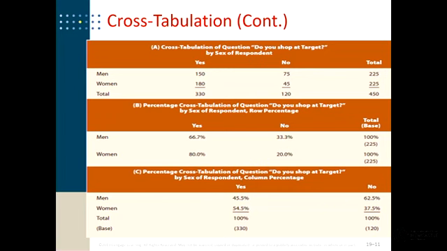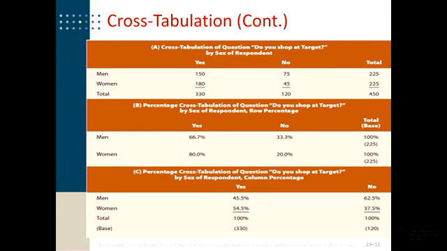Now, if we change this base, and instead of men and women, we take them as yes or no, then we provide some combined results. So, for example, out of 330 who said yes, 45.5% are coming from men, and 54.5% are coming from women.